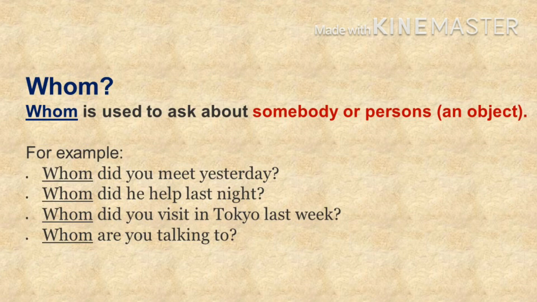Okay, now let's check the use of WH word whom in the question. Like I said in the beginning of this session, whom is used to ask about somebody or person as an object. Let's see the examples. Whom did you meet yesterday?